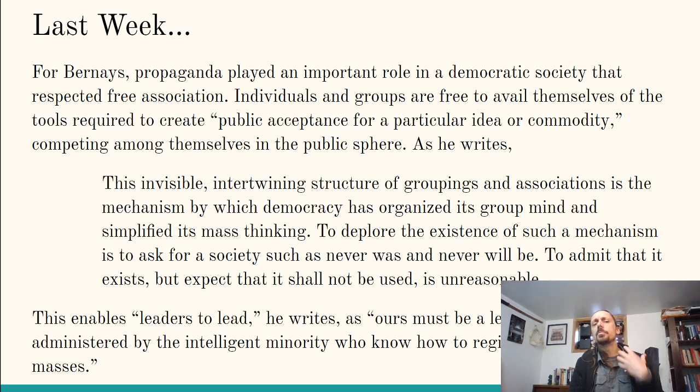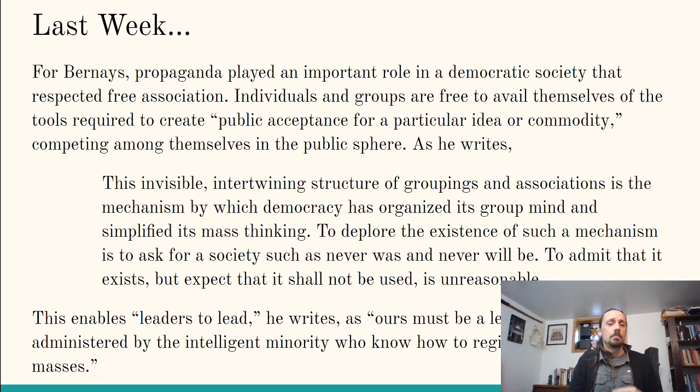In fact, it was really important for a democracy. The idea is that in a democracy, individuals and groups should be free to use all the tools required to create public acceptance for an idea. That's just part of having a public sphere.